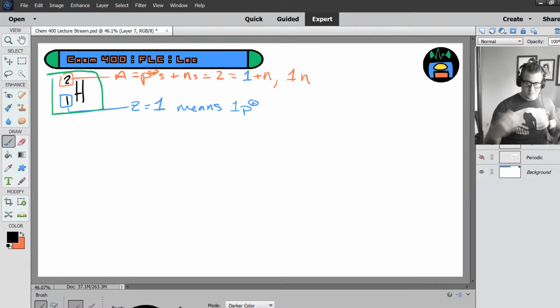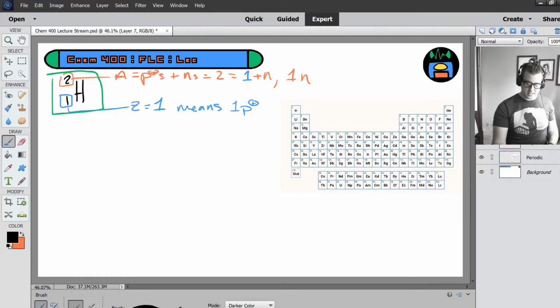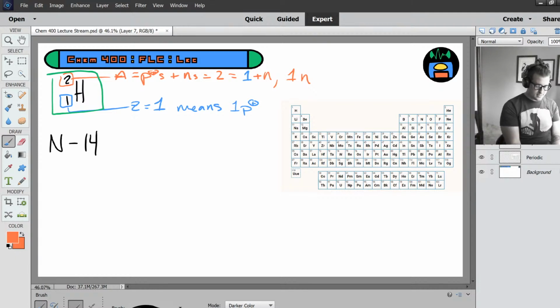All right? It's not the only way to write out a specific isotope. So you could run into nitrogen 14, all right? And again, this right here is the mass number.